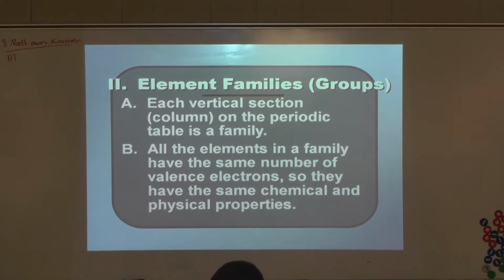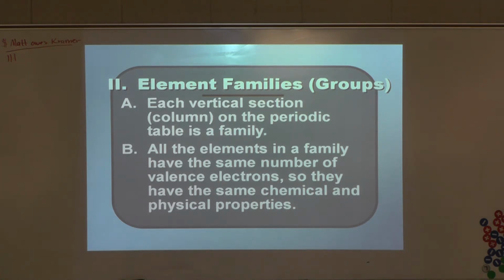So if I ask you, bromine, what family is it in, or what group is it in? What would you say? Group 17. How many valence electrons does it have? 7. If I said calcium, what group is it in? Group 2, family 2. How many valence electrons does it have? 2.